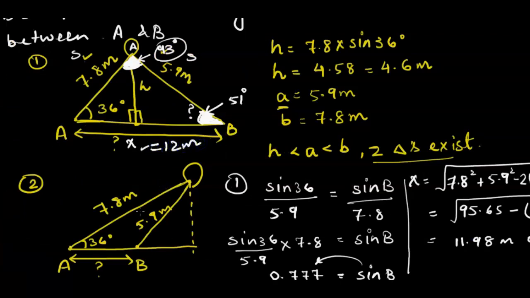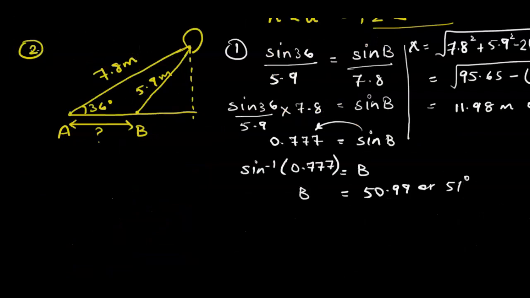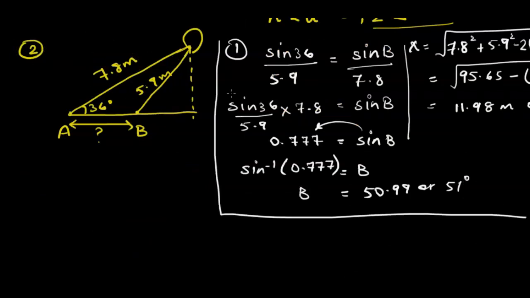As we have two cases in this particular question, we would have two solutions. Now let's see how to solve case number 2. In case number 2 also, we would follow the same steps to get this angle. So we would be doing sine 36 over 5.9 is equal to sine angle B over 7.8. However, we notice here that this angle is not an acute angle.